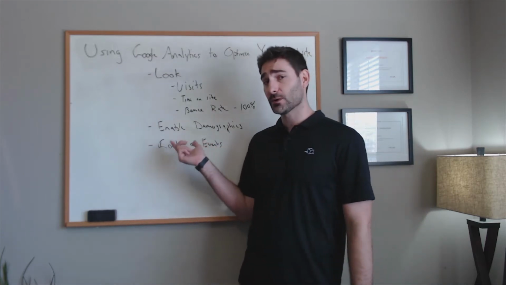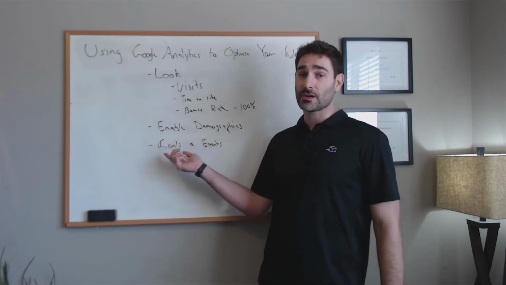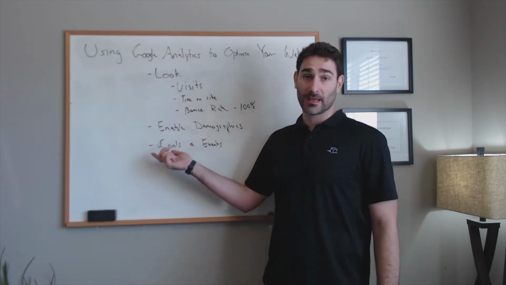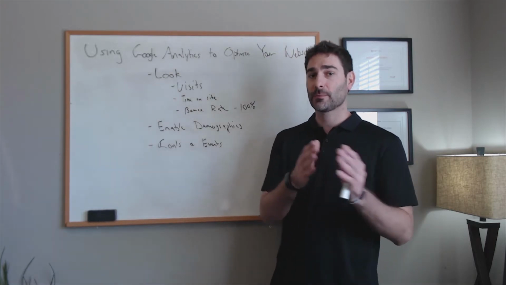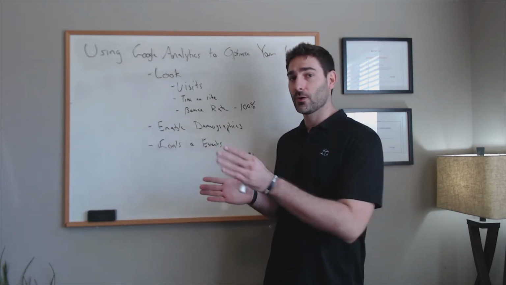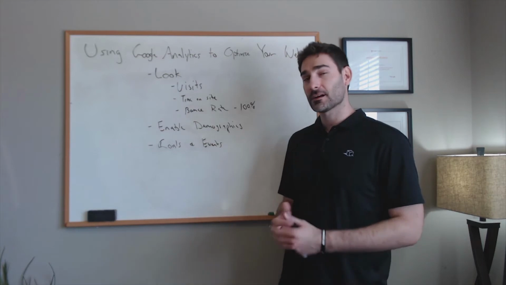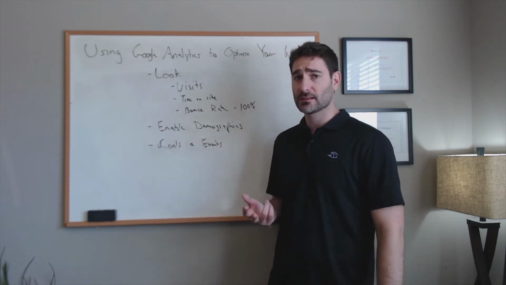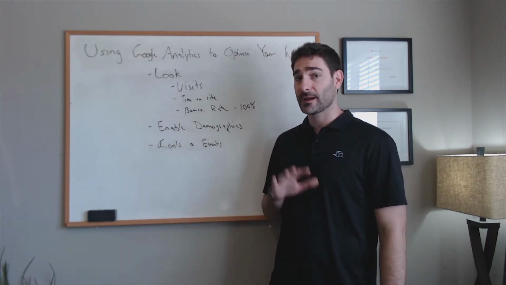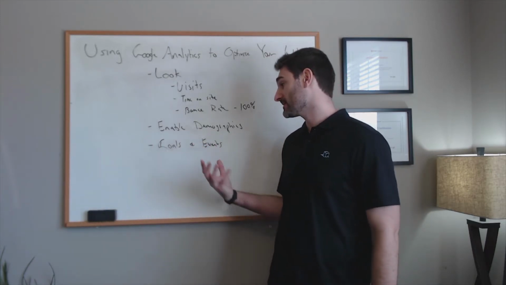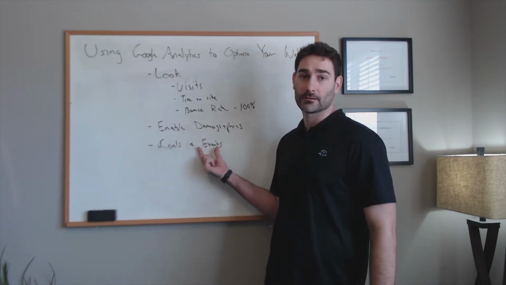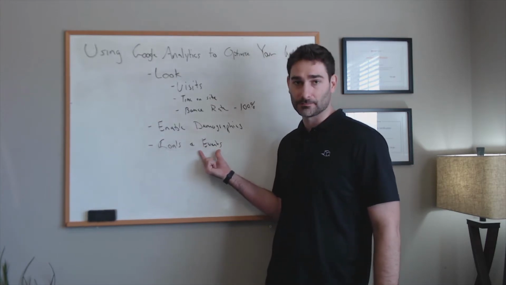Now the difference between goals and events is, usually goals are location based, like you reach a thank you page. It's usually page based, and you can track that goal throughout each page. And events are more like button clicks, video plays, stuff like that you want to track, that might not be location based, but maybe you want to track how many times someone clicked the add to cart button, or how many times someone clicked the play button.